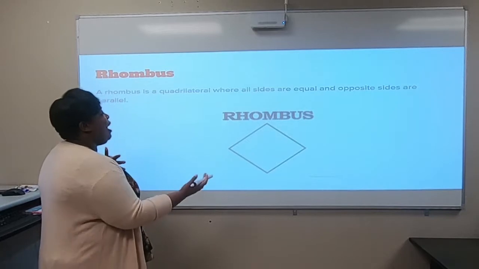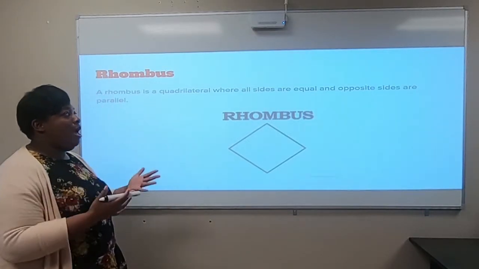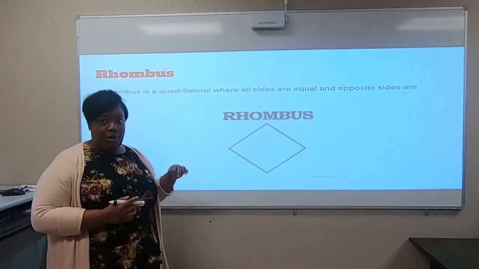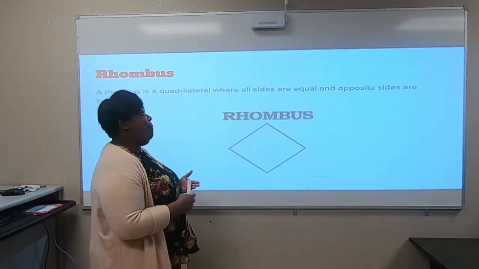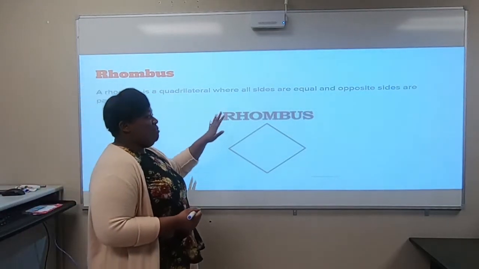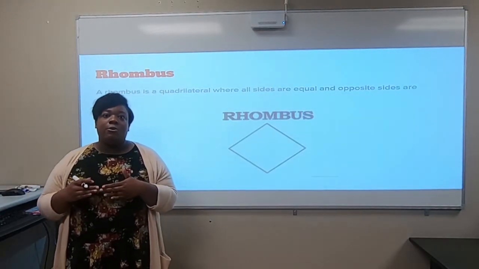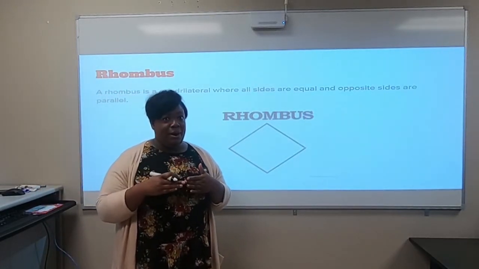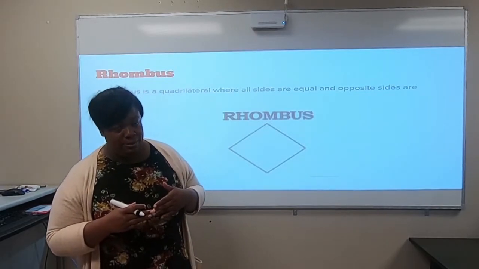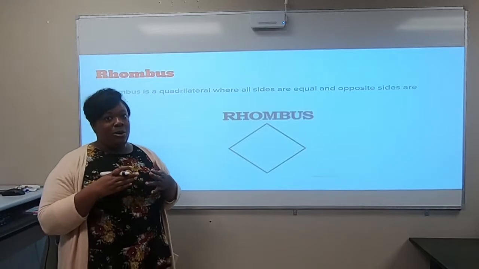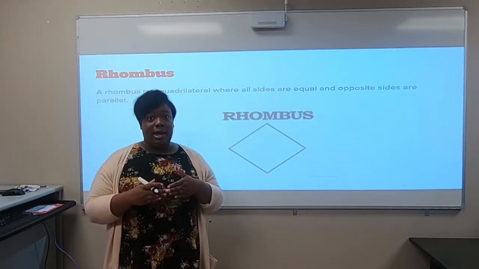Now let's see what you have to be a rhombus, okay? All the side lengths are equal in a rhombus, okay? And opposite sides are parallel. So the rhombus is different from the parallelogram and the trapezoid because in the trapezoid and the parallelogram, all sides don't have to be equal, okay? They just have to be, in a trapezoid, one pair has to be parallel.